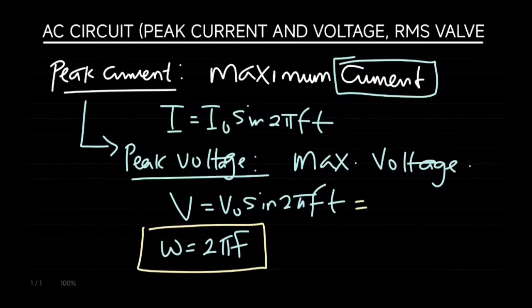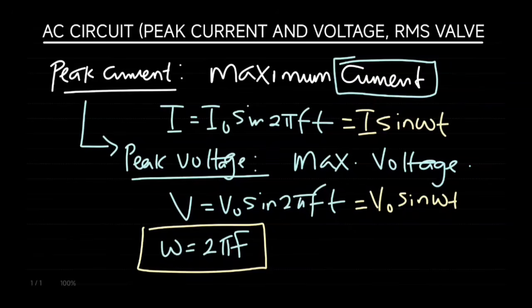So therefore, I can rewrite this equation to be V naught sine Wt, or I naught sine Wt. So this is the definition and the formulas for peak current in an AC circuit.